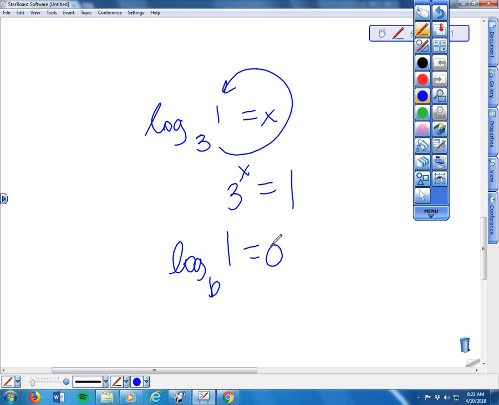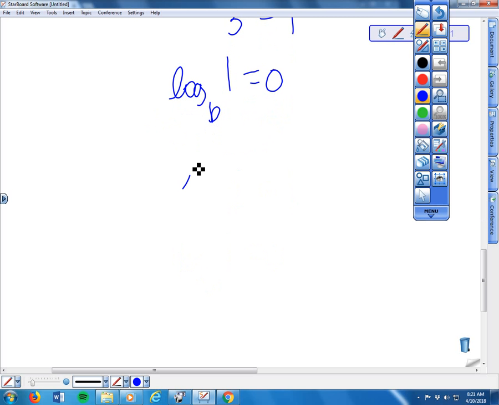Okay? How about this one? What's that equal to? We'll put it in exponent form. 1.